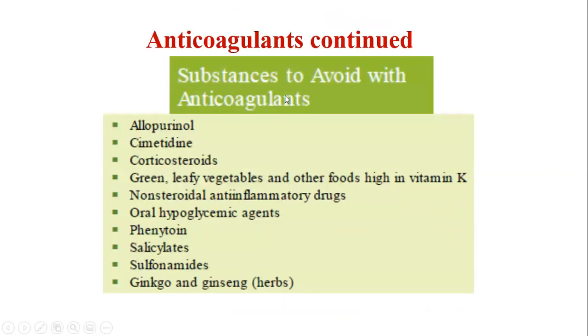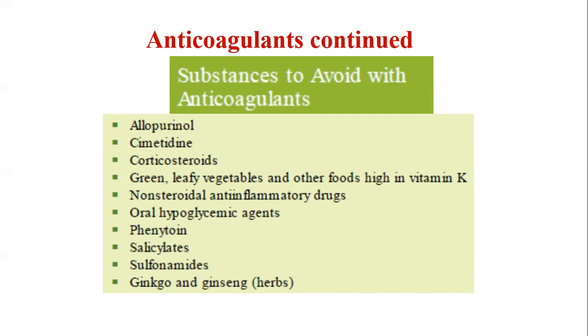Here is showing the substances to avoid with anticoagulant. So if your patient needs to take anticoagulant, you educate them not to take this list of substances with anticoagulant, right? So if my patient takes anticoagulant, it is important to routinely monitor prothrombin time, INR.